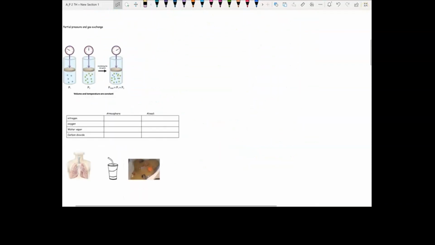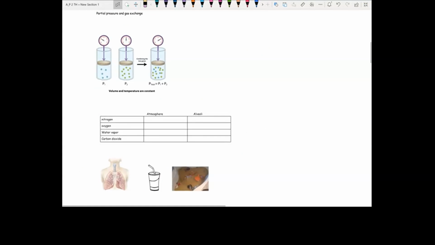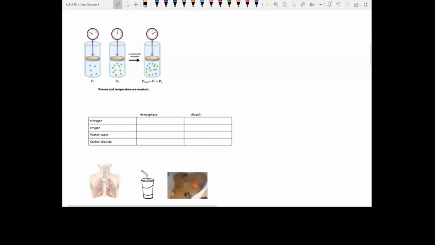Now let's look at partial pressure and gas exchange. So we know that the atmospheric pressure is 760 millimeters of mercury. We talked about millimeters of mercury back when we covered blood pressure.